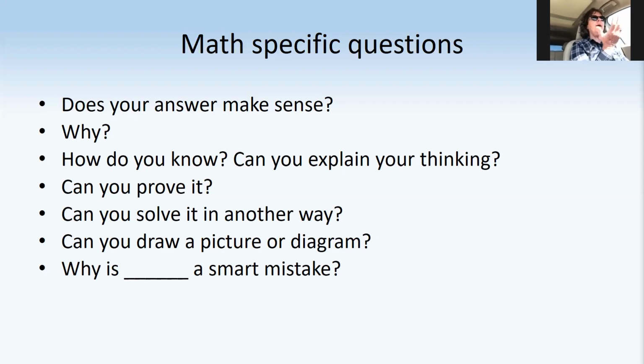So the idea is debating that out a little bit and then saying, okay, we do agree that 52 is the correct answer, but why is 68 a super smart mistake? What's going on there? That's a real high level of thinking and analyzing. So I think it's really important to ask that question a lot too.